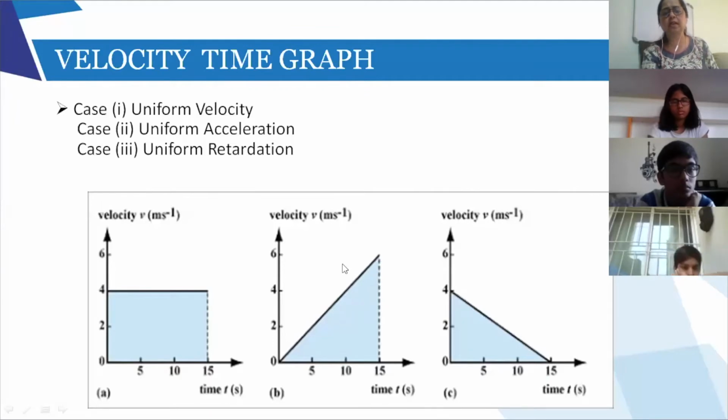So the velocity is steadily increasing. So this will give rise to acceleration. I told you a train is starting from the plateau. Yes, ma'am. So it is uniform acceleration because it is steadily increasing, or you can say a steady increase in velocity.